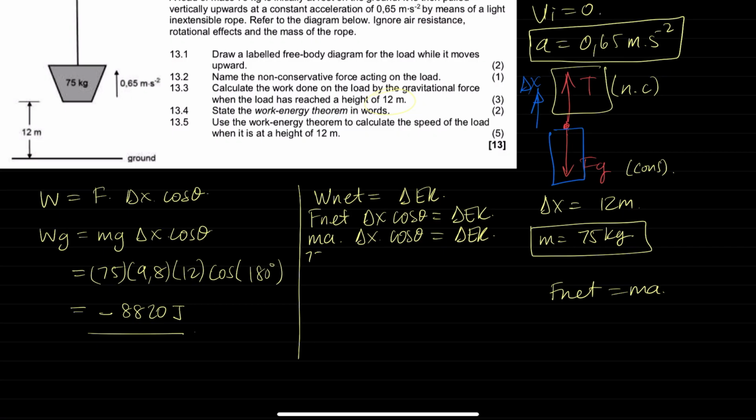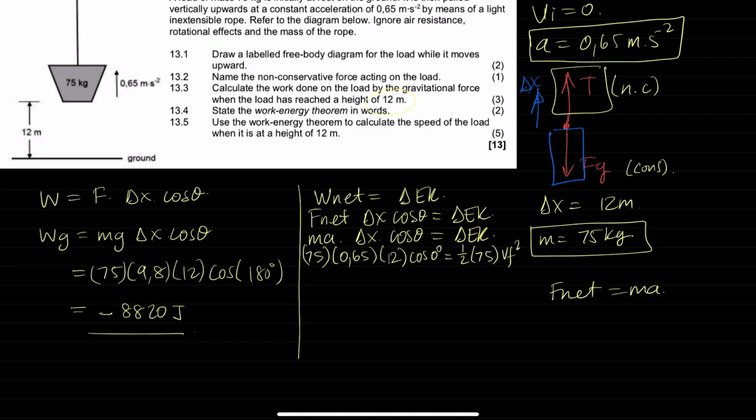Now the mass is 75. The acceleration of the block is 0.65. The block is moved up 12 meters. And here it will be cos of 0 because F net will be in the direction of the displacement. And that's going to equal half, the mass is 75, and then Vf squared.